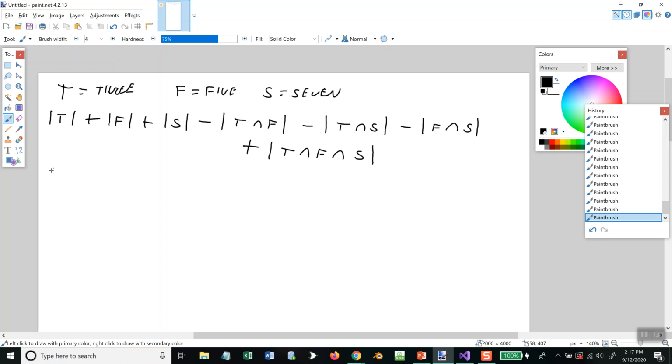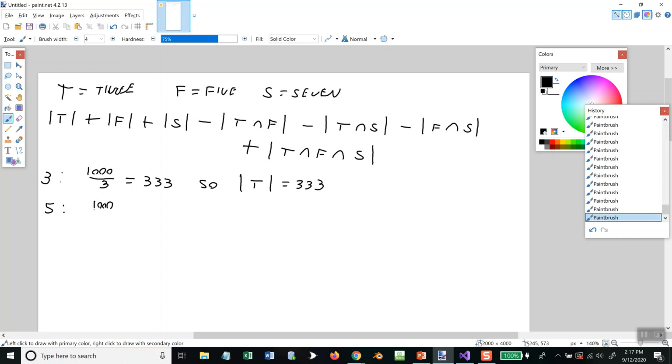Okay, so the 3. To find its cardinality, you take your total number, which is 1,000, and divide by 3, and you drop off any decimals. So 1,000 divided by 3 gives us 333. So the cardinality of T is equal to 333. Now I dropped off the decimals. Okay, 5.